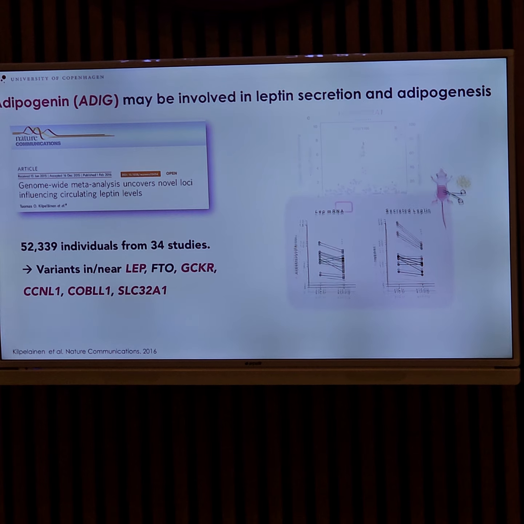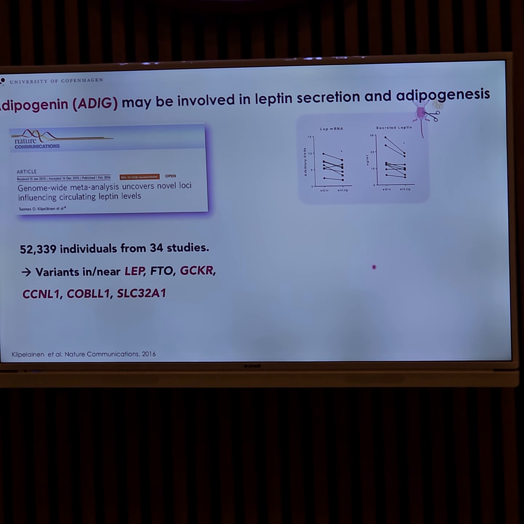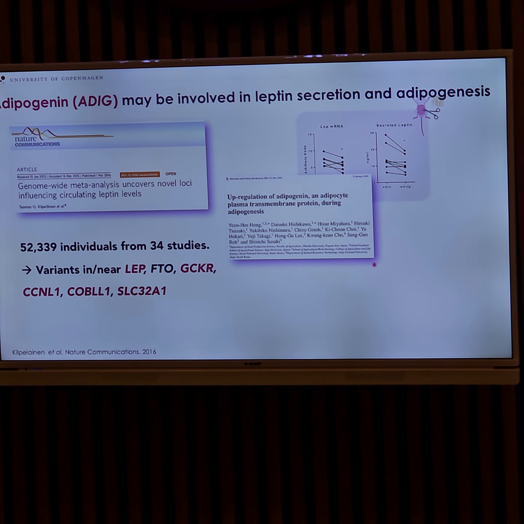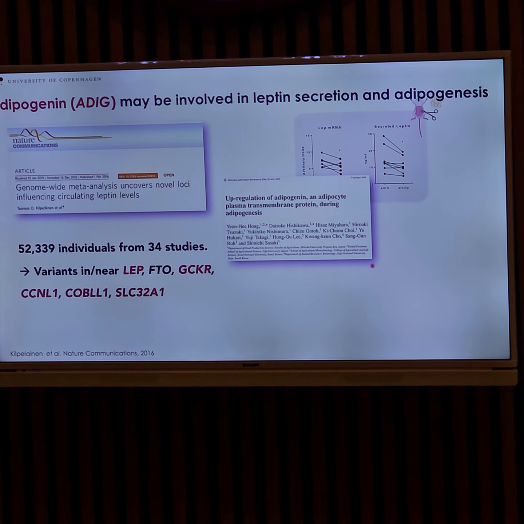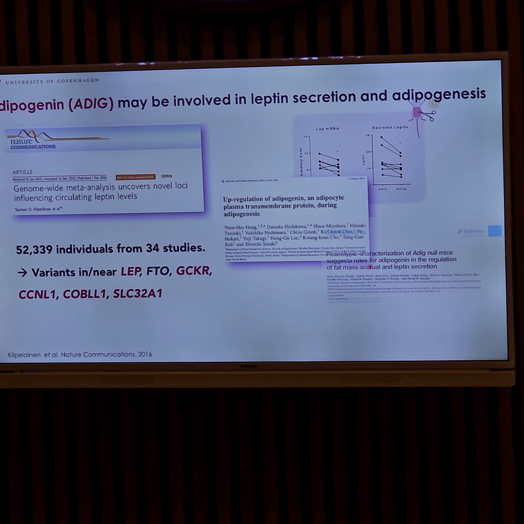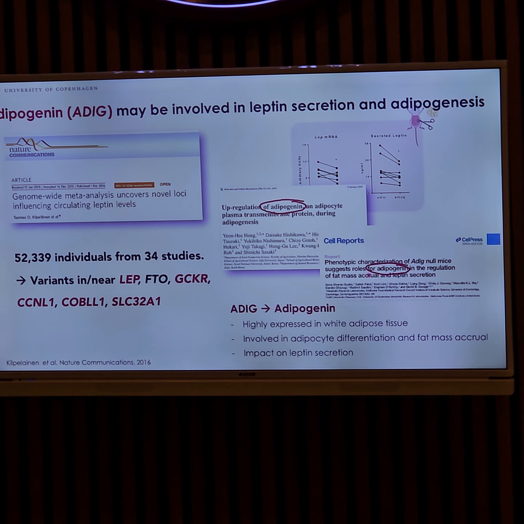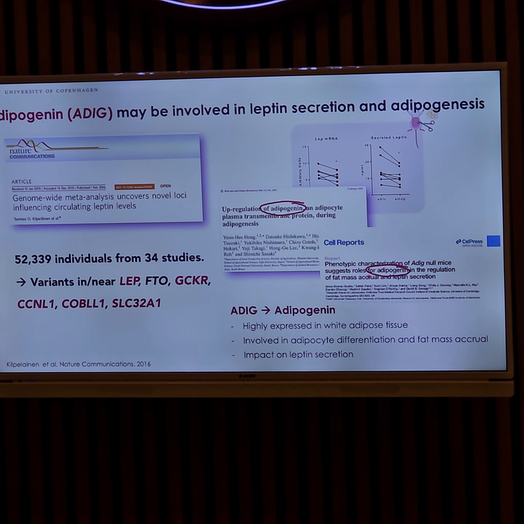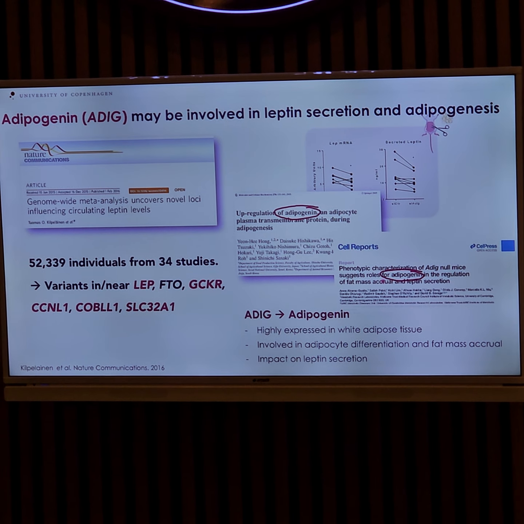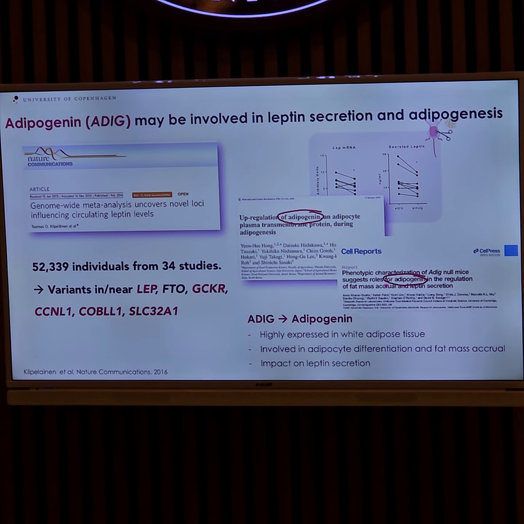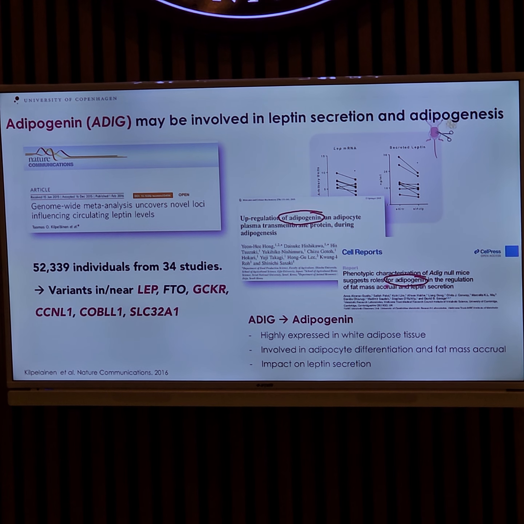In fact, this gene had already been reported 10 years earlier by a group in Japan, and a few years later by David Savage, and Steve was also involved, showing that adipogenin might indeed be involved in leptin secretion. It is highly expressed in adipose tissue, and it is involved in adipocyte differentiation and also fat mass accrual, at least in mice.